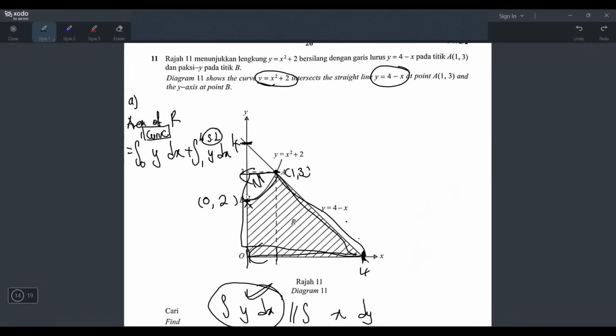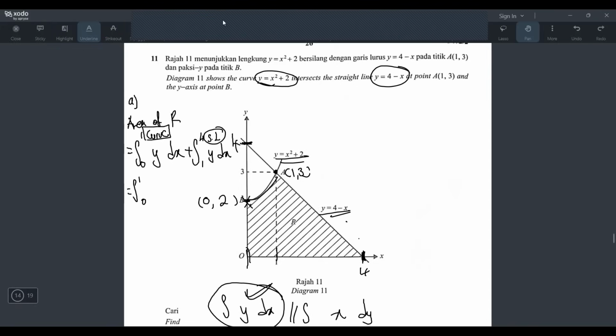But I don't like that. I will not do like that because I already explained why, right? It's because the equation for this question, both their equation is y equals. It means y is the subject. So it's better to integrate towards x-axis. Okay. Tapi kalau you buat macam tu yang integrate towards y-axis, you will get the same answer. Believe me.